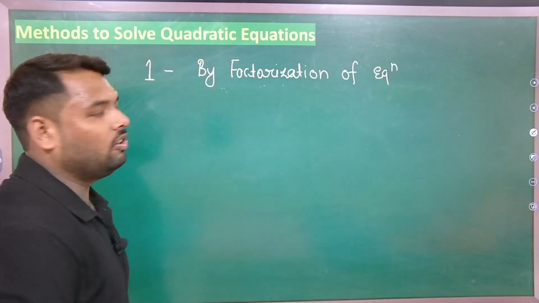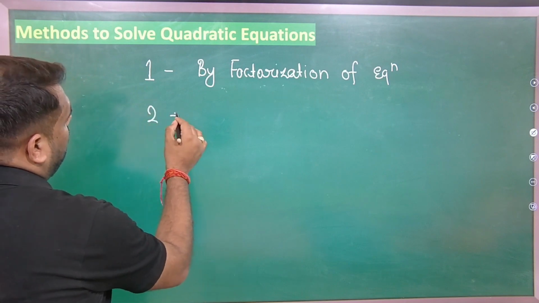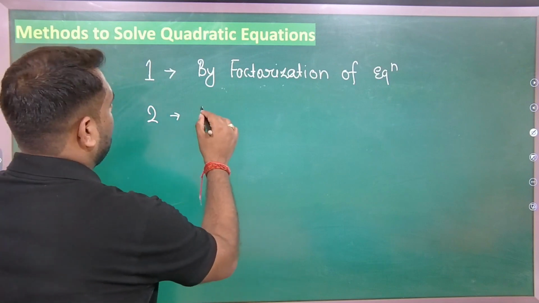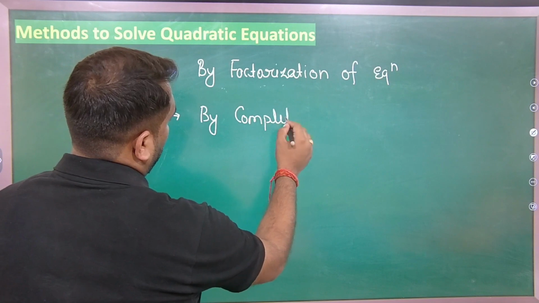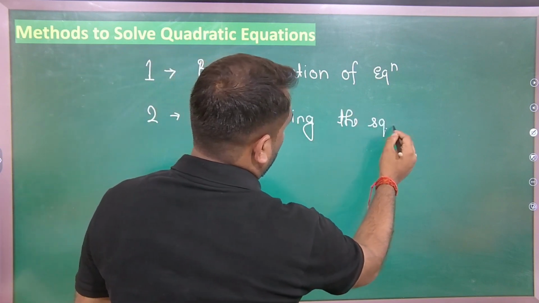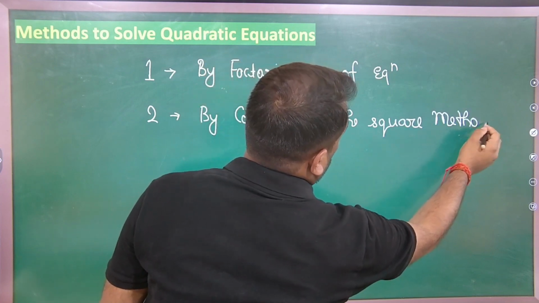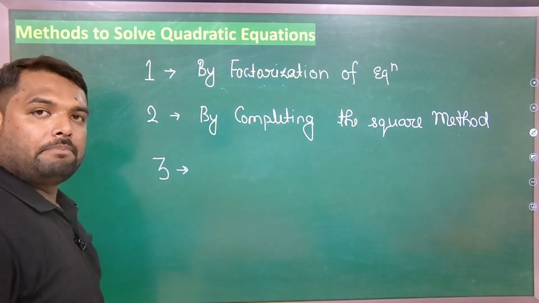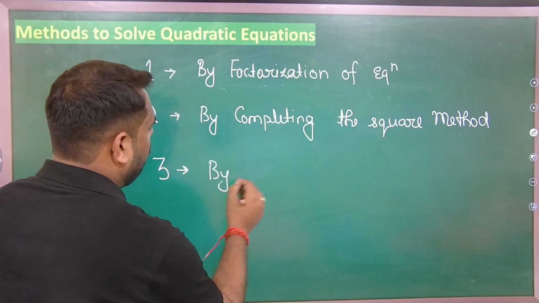The second one is by completing the square method. And the third one is by formula method.